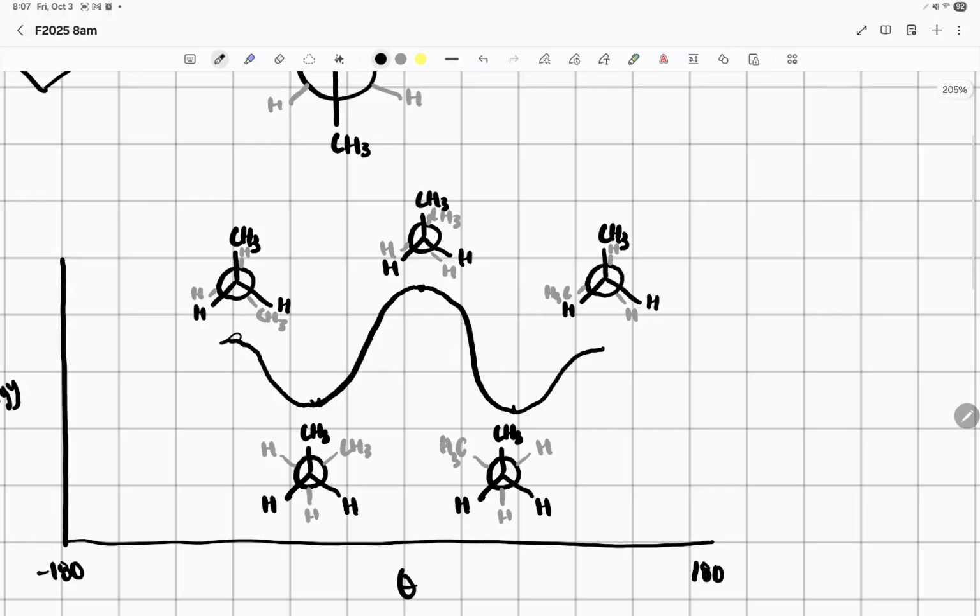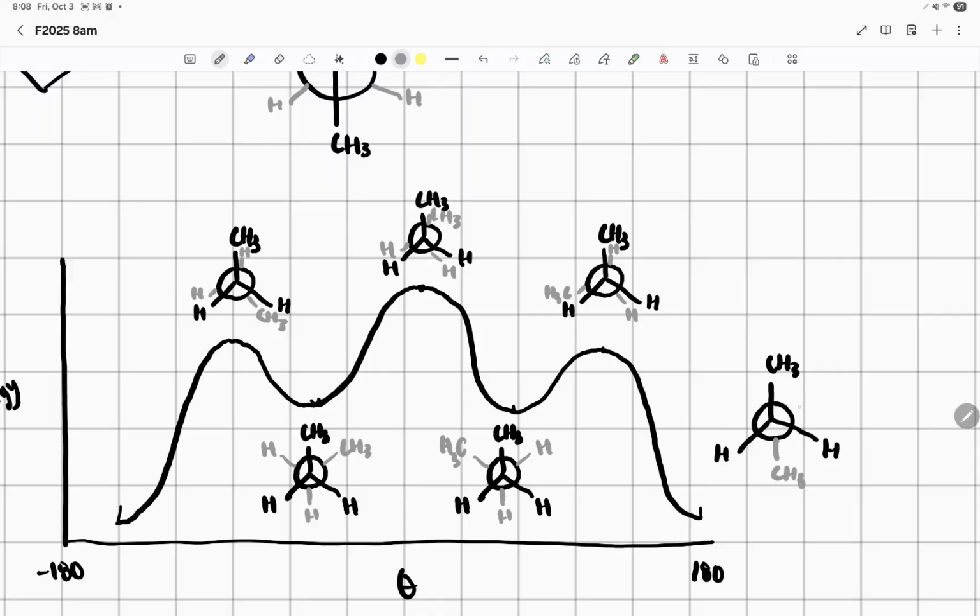Now we can continue this to another minimum. And that is where we're going to be once again fully gauche with each other. So at this point, our CH3 groups, our methyl groups, are as far apart from each other as they can be. There are no eclipsing interactions. And our molecule is in this orientation. So that would be our absolute minimum in energy if we're rotating this molecule.